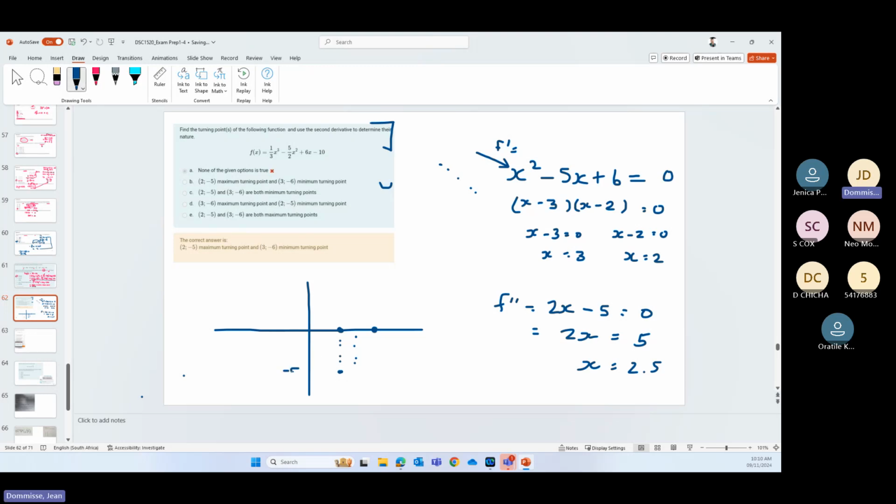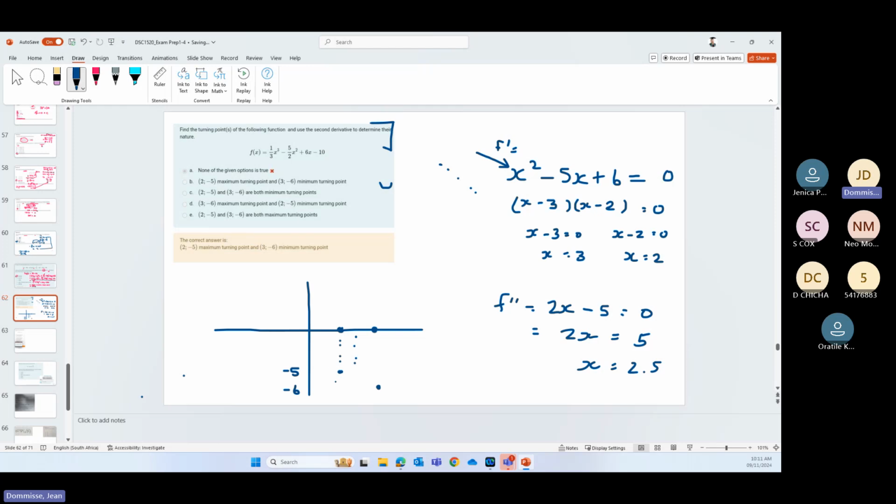There's minus 5 for x equals 2, and there's minus 6 for x equals 3. Now we need to say there is the 2.5 in between.